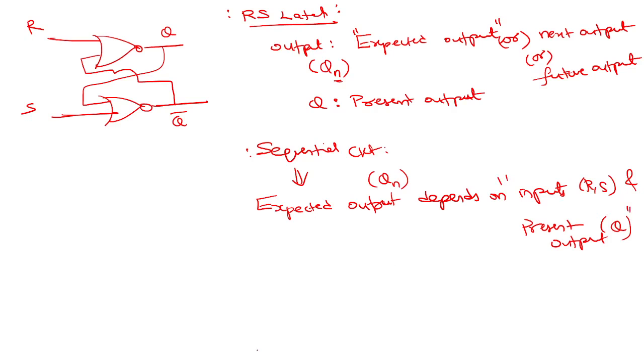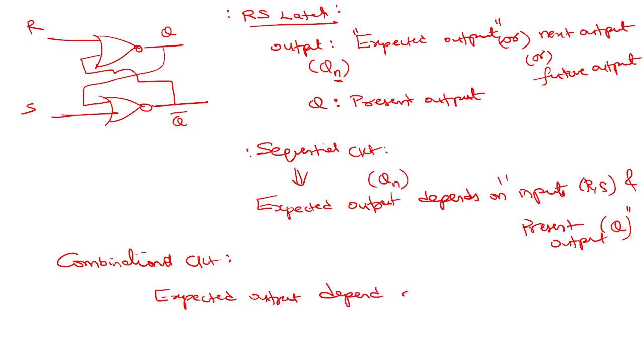Right? That's how we can define a sequential circuit. Combinational circuit means your expected output depends on only inputs. Right? So how to define a combinational circuit? Your expected output depends only, this is important, only on inputs.